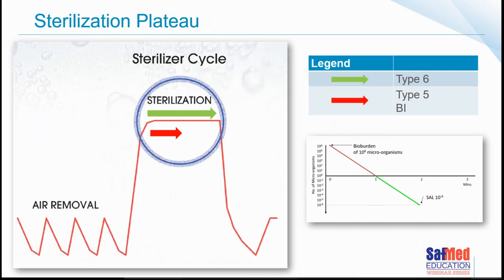As you'll remember in webinar 1, we spoke about the fact that it takes approximately 1 minute at 134 degrees to inactivate 10 to the power of 6, or 1 million, microorganisms.